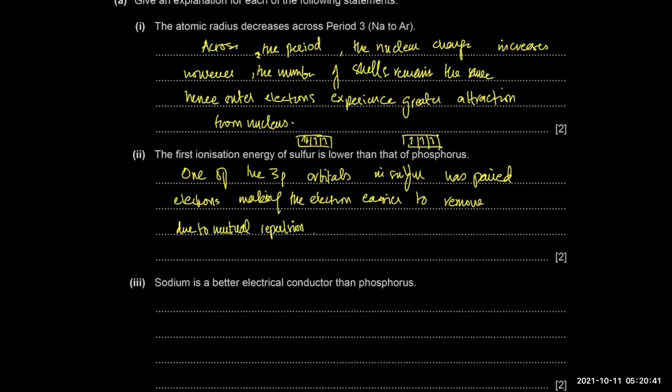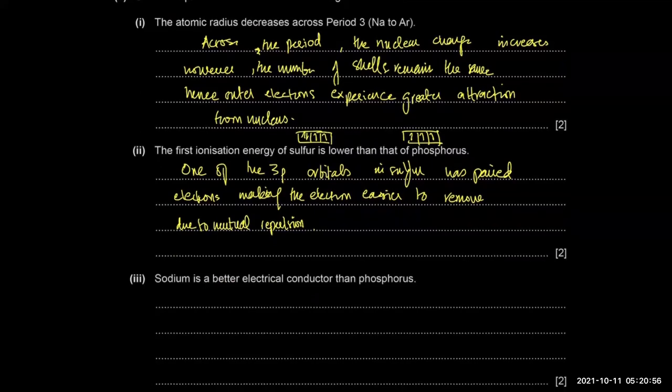Okay. Why is sodium a better electrical conductor? Yes, that's correct, Mohammed. Sodium is a better electrical conductor than phosphorus. What type of bonding does sodium have? It's a metal, right? So sodium has metallic bonding.